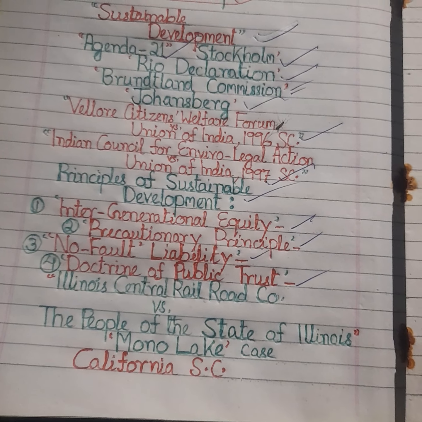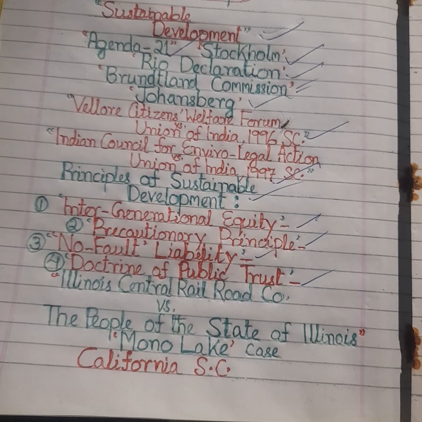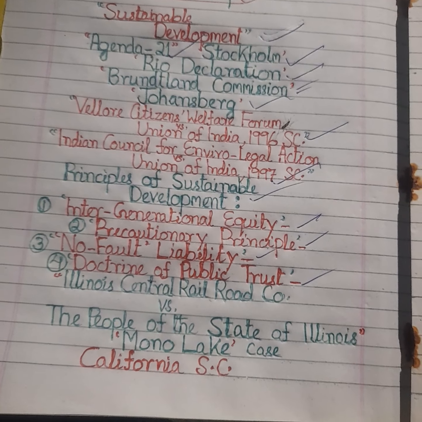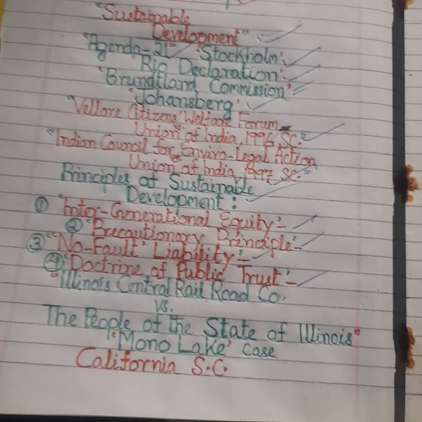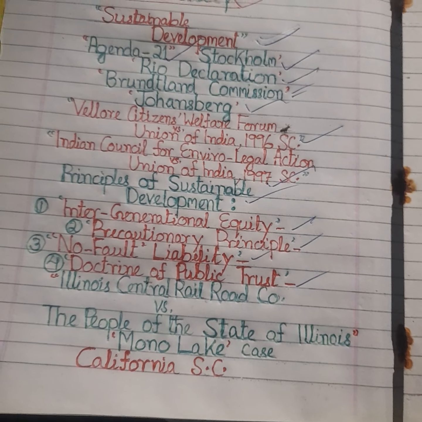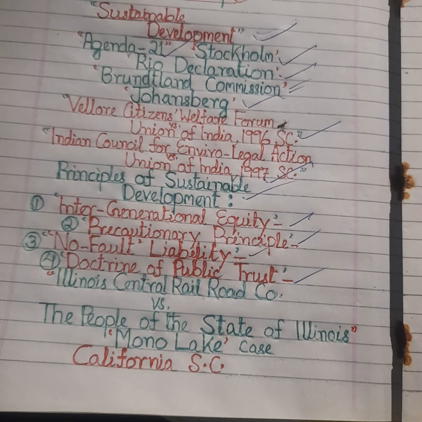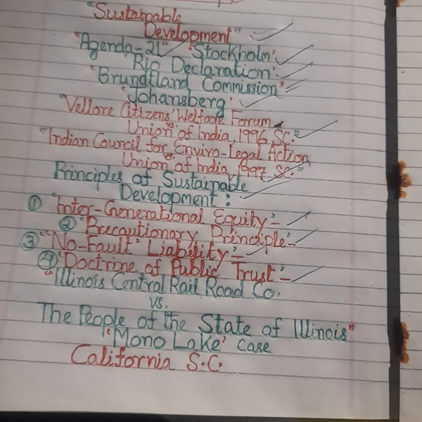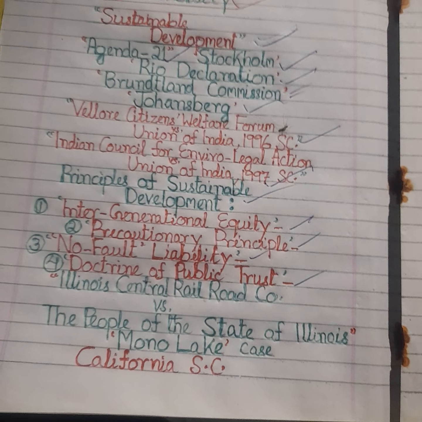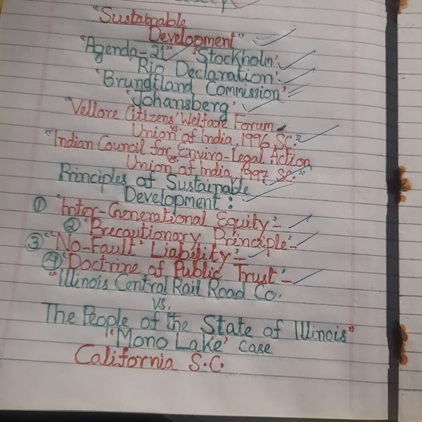For example, the harm caused to the environment not only extends to compensating the victims of pollution but also the cost to restore the damaged environment. The principle was applied in concrete shape by the Supreme Court in the case of Indian Council for Enviro-Legal Action versus Union of India in 1997.